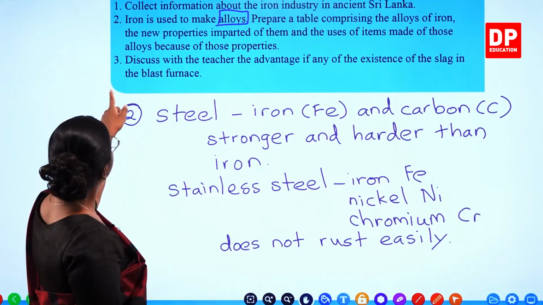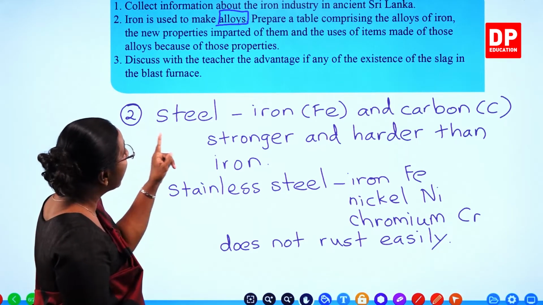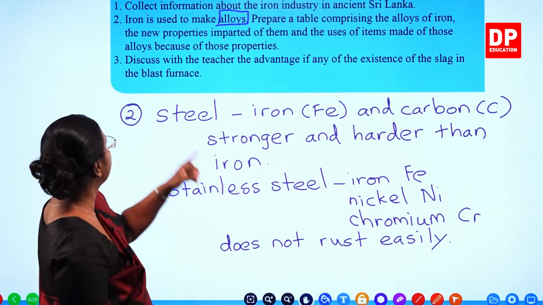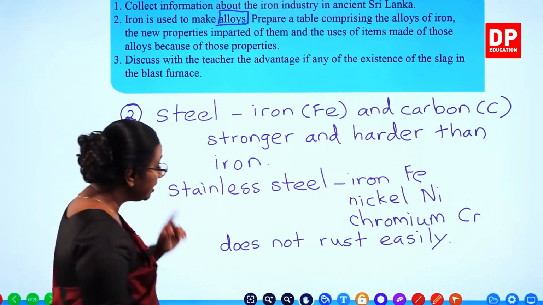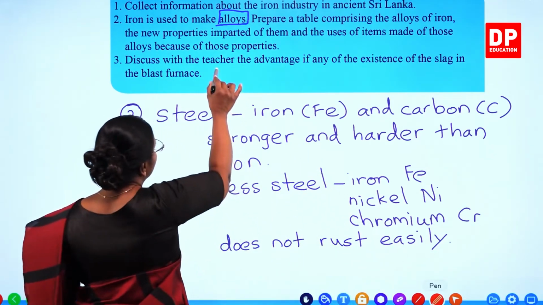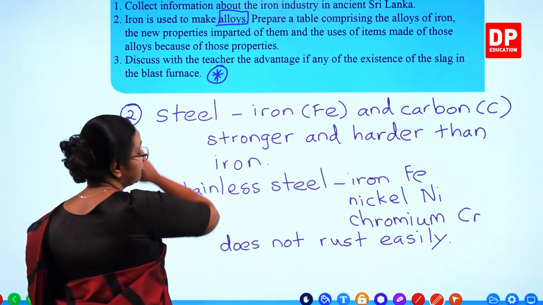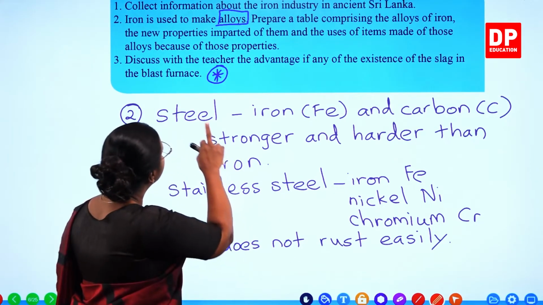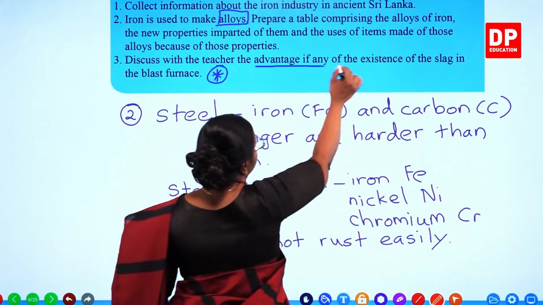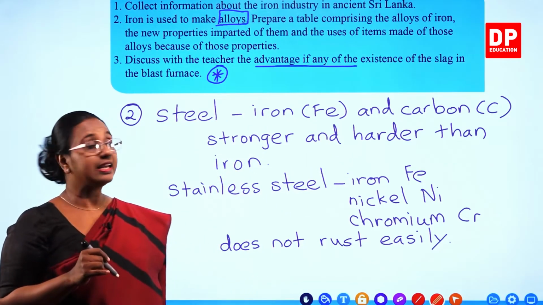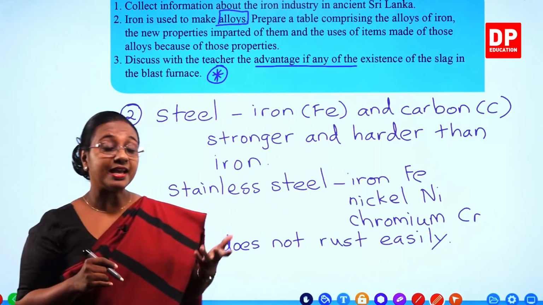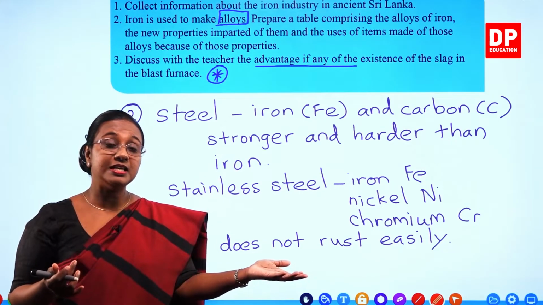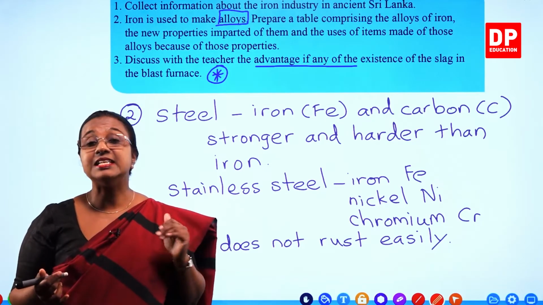Then here, discuss with the teacher the advantage, if any, of the existence of the slag in the blast furnace. This, of course, I have explained to you all so many times before also with the extraction process. So there they have asked the advantage, if any, of the existence of slag in the blast furnace, because slag is actually the byproduct or the waste product, because impurities are aluminium oxide and silicon dioxide.